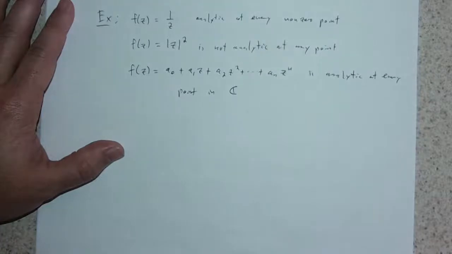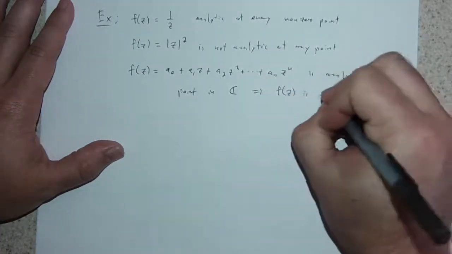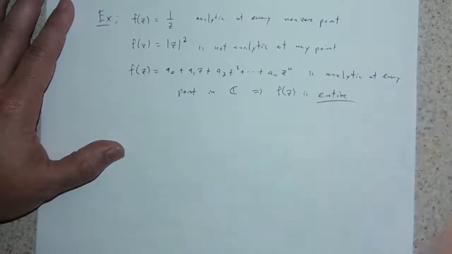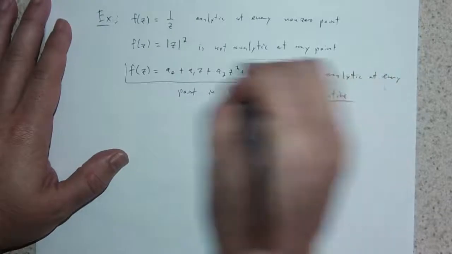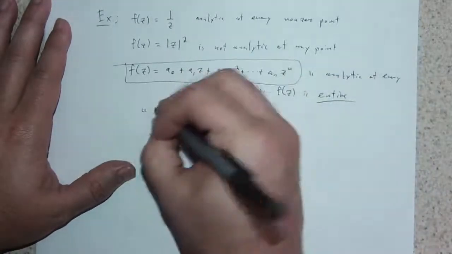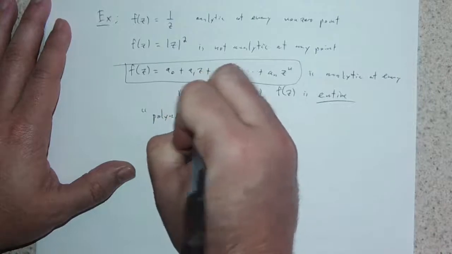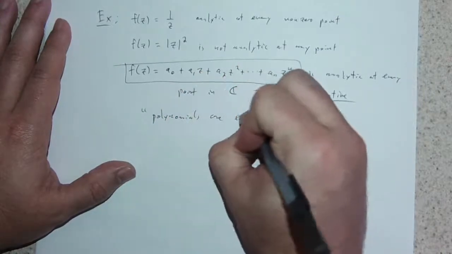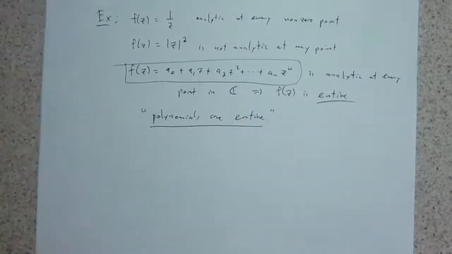I.e., this f of z is entire. Right? Of course, it's generally true for any polynomial of this form. So, for instance, this is the statement that polynomials are entire. Okay, so a polynomial is one of the simplest examples of an entire function.